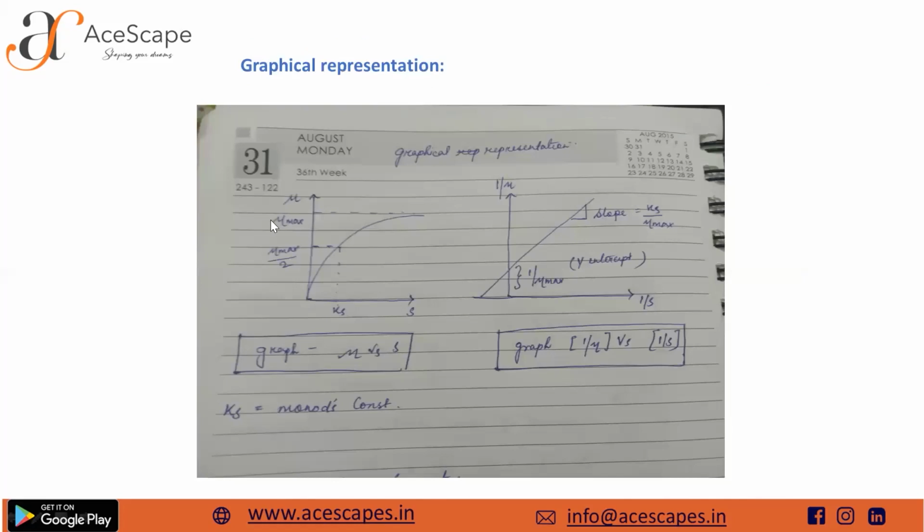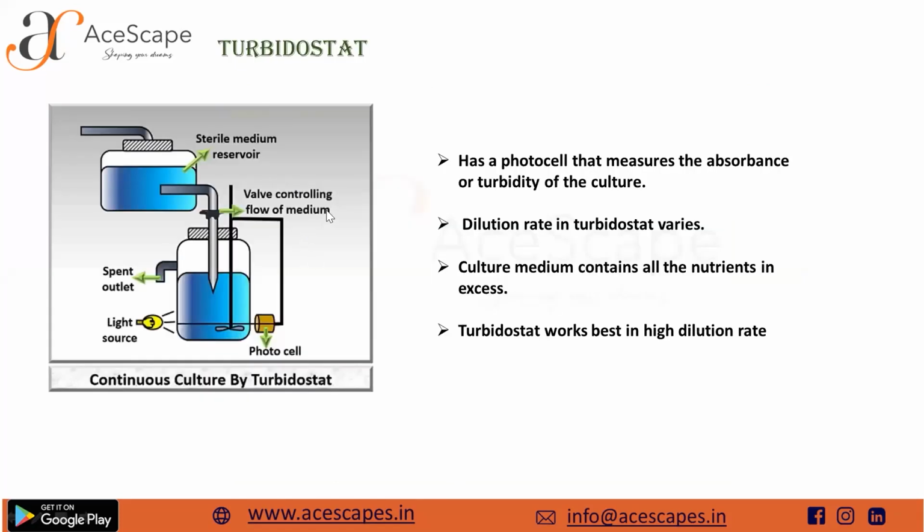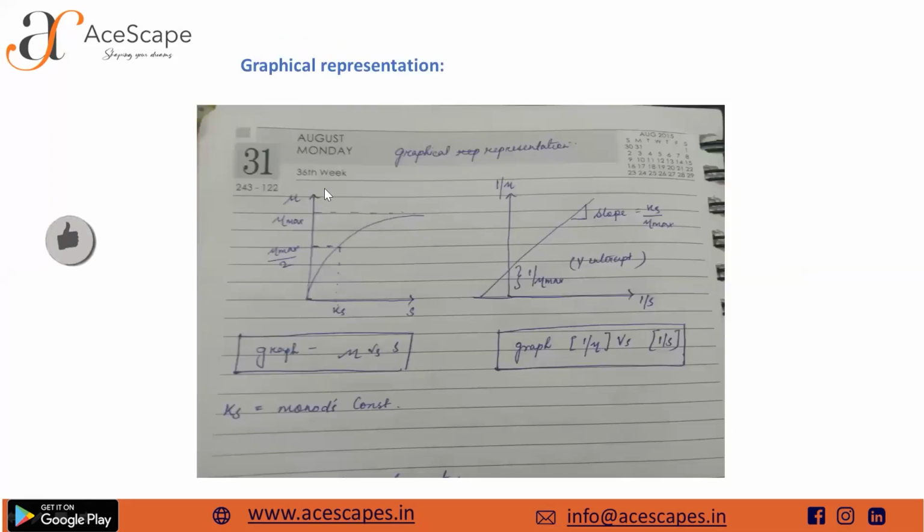We come here to the graphical representation. This is the same as the Michaelis-Menten representation. Yes, the same one. Only we are going to use this for bacterial growth. Here we have half of mu max, which is Ks, and this is called the Monod constant.